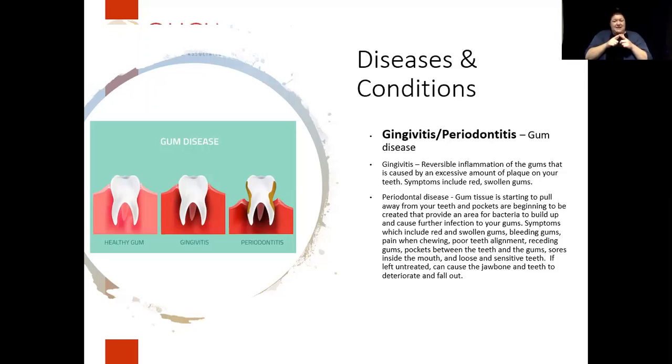This leads to periodontal disease, where the gums aren't holding your teeth in place anymore, so they become loose and start to bleed, and you start having all sorts of problems with your tooth not being held on tight to your bone. That could help cause your jawbone and your teeth to eventually deteriorate and fall out. I hope I'm making a good case for good dental health here.